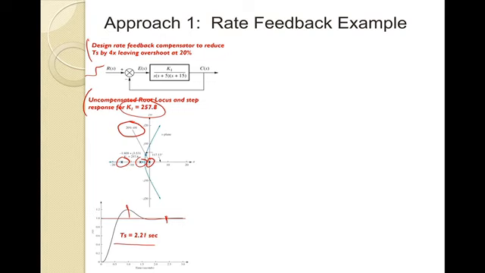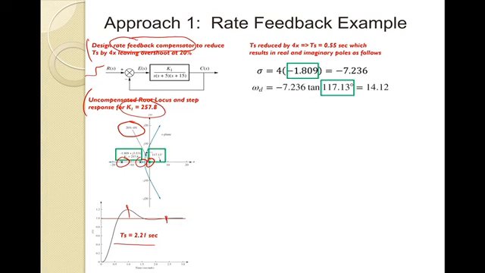We now want to look at a rate feedback compensator to reduce that settling time by a factor of 4. So we take the 2.2 divided by 4 and get a desired settling time of just over half a second. Then, just like we did in previous modules, we find on the real axis the sigma term, which is negative zeta omega n, and the j omega axis term, omega d, right here.